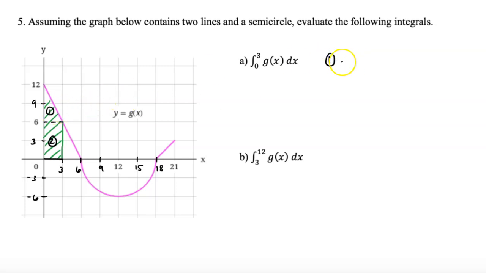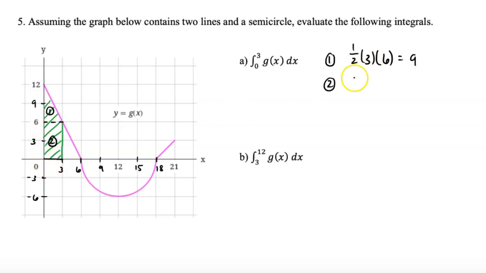And so this triangle is going to have an area of 1/2 times the base. Well, the base is 3 units long. The height from 6 to 12 is 6 units high. And this is going to be 18 divided by 2, which is 9. Area 2 is going to be just base times height.